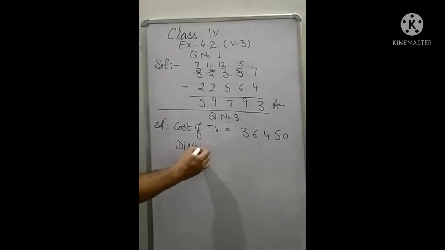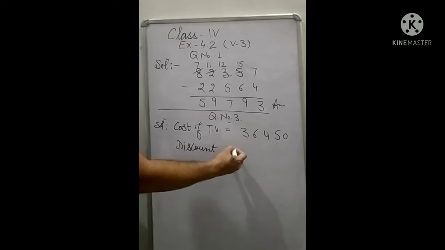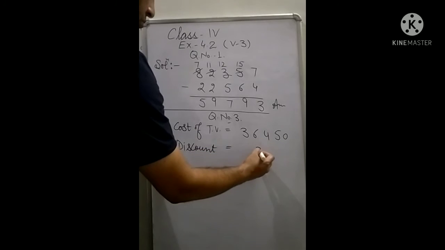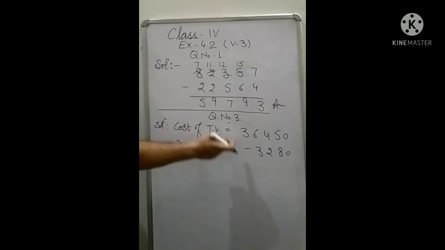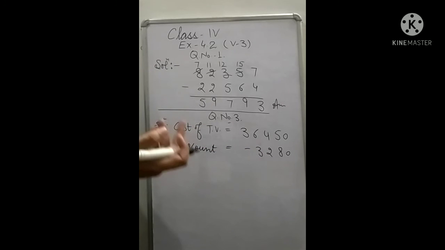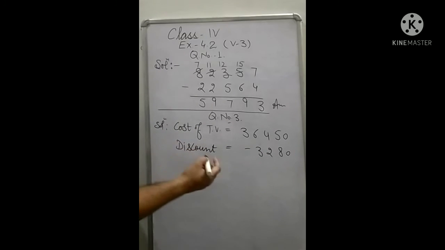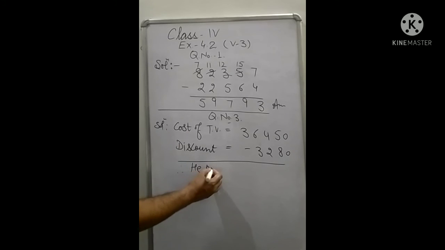How much discount did he get? The discount was rupees 3,280. So we have to subtract the discount from the cost. The difference we get is what we have to pay. So in the last we have to find how much he paid.